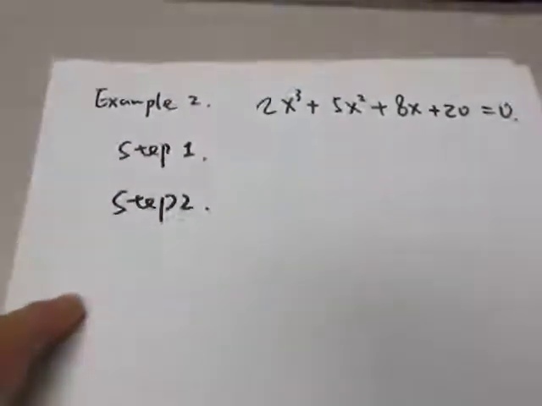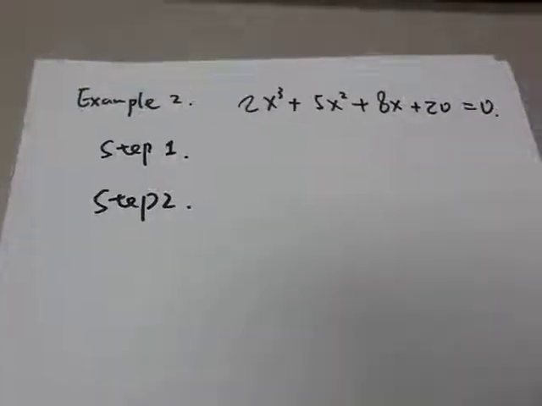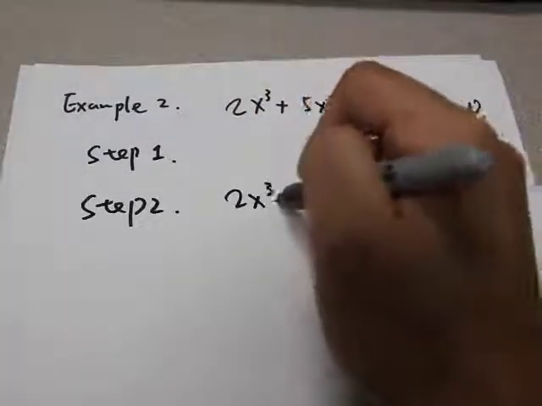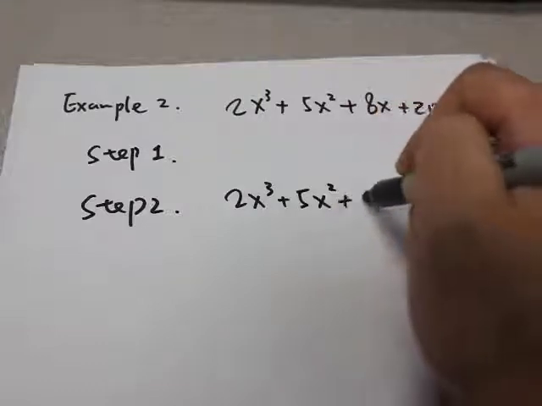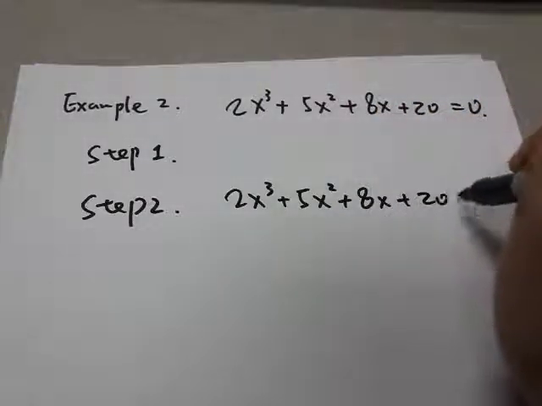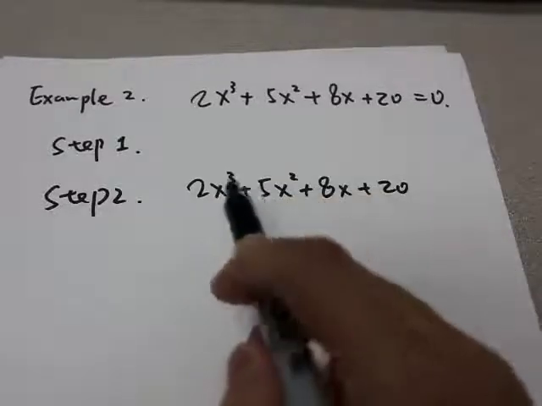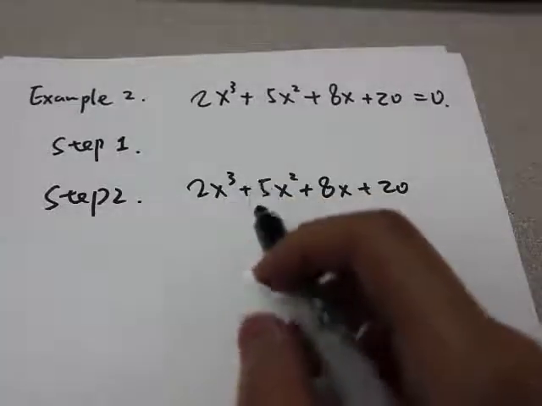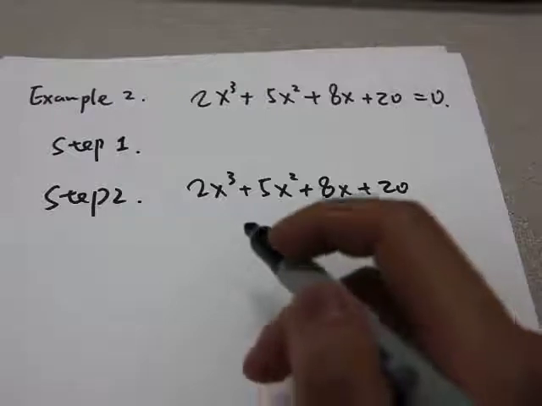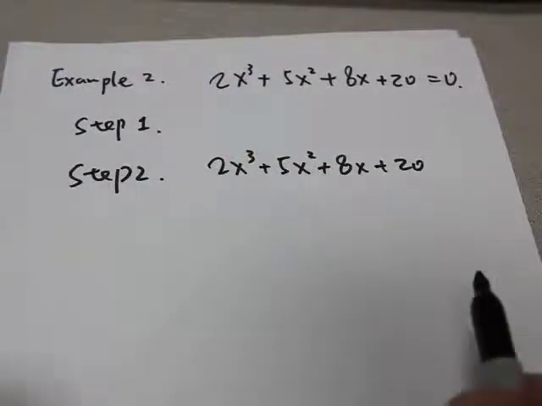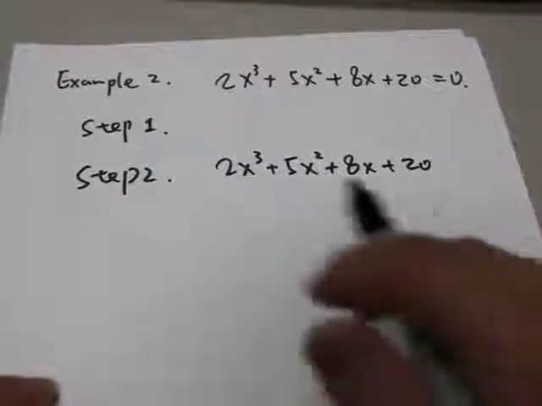In step 2, we said we try to think how to factor this polynomial. And we said there are a couple of techniques, right? But we need to determine which technique is appropriate to use here.